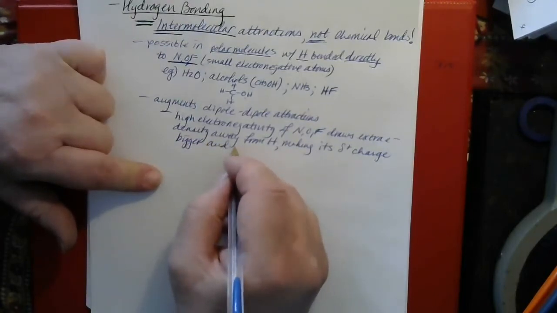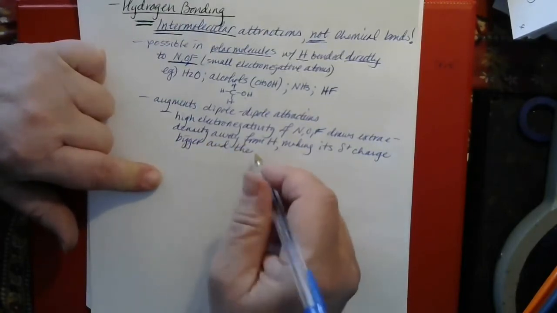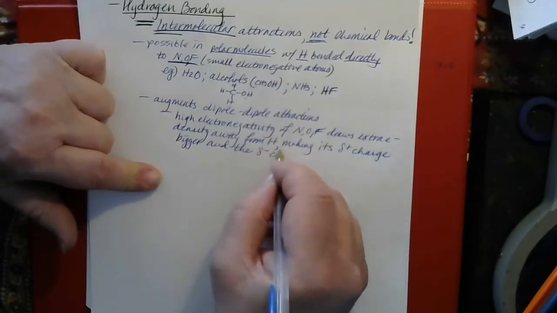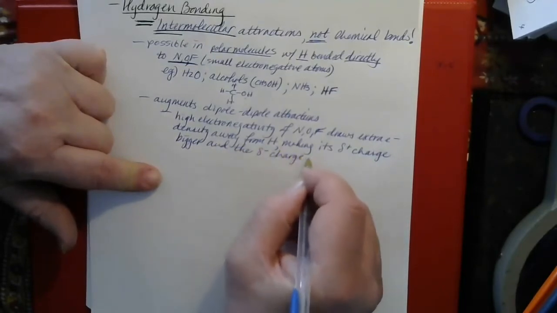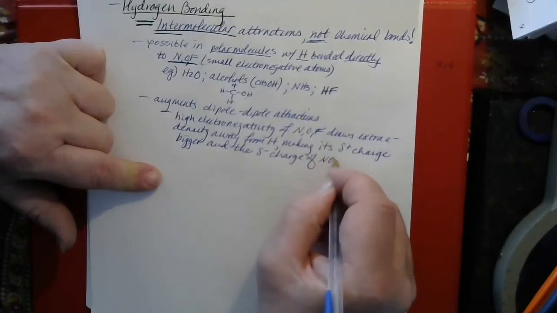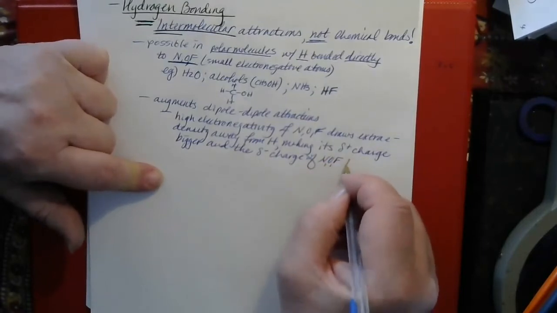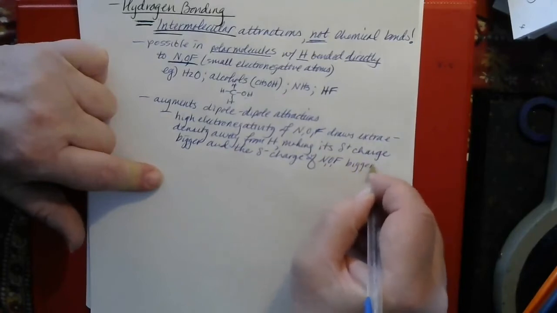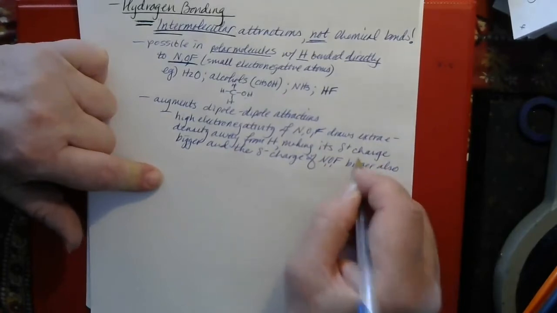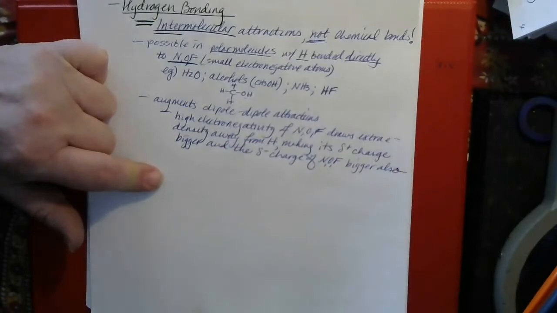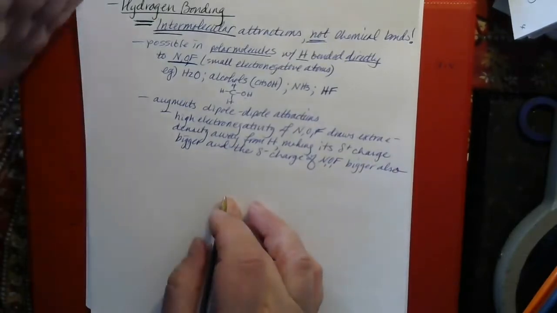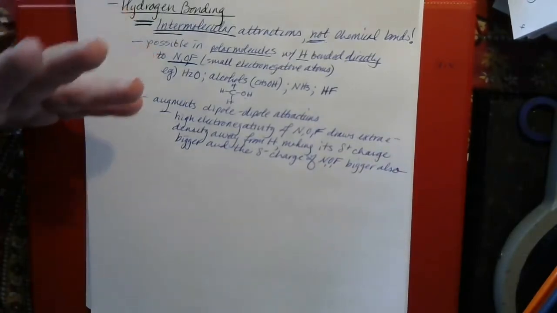And also the partial negative charge of the nitrogen, oxygen, or fluorine also bigger. And the result is an attraction between a bigger positive charge and a bigger negative charge.